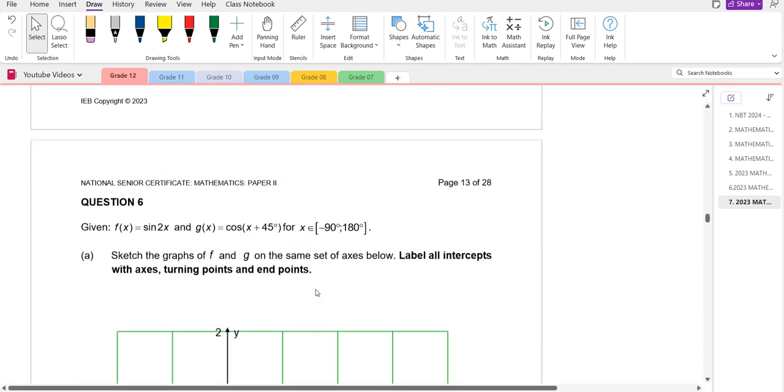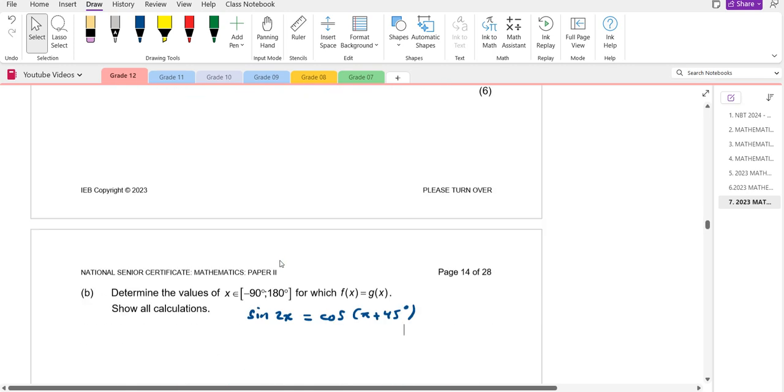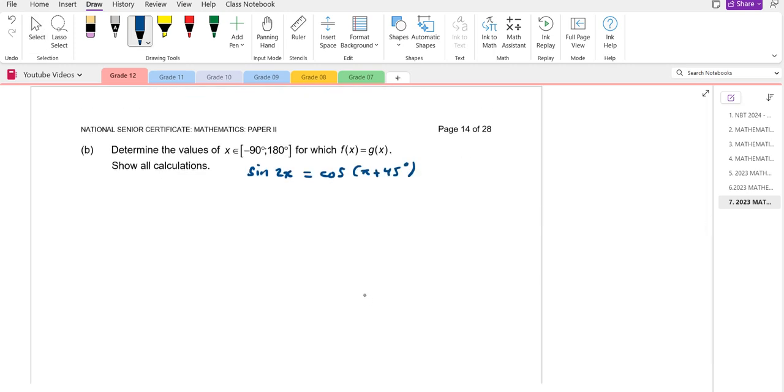Right, so we're going to solve this problem using co-ratios. Sine is positive in the first and second quadrant, so we're going to change the cos into sine. So sine 2x is equal to sine of the quadrant 1 solution, 90 minus the angle, which is x plus 45, because sine of 90 minus the angle is cos of the angle.